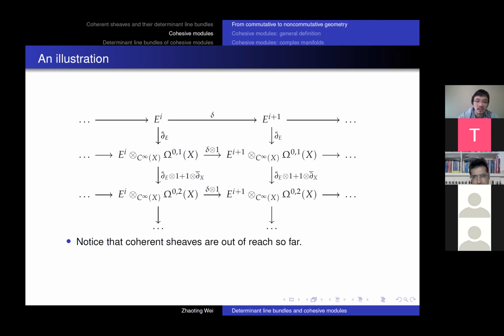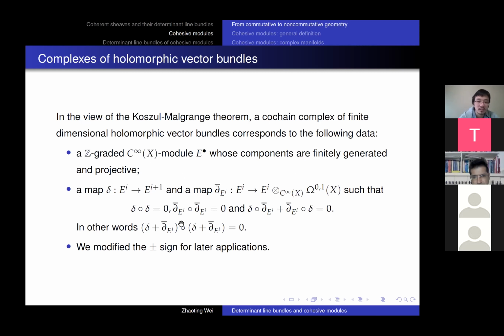So altogether, it gives one equation, delta plus D-bar composed with delta plus D-bar equals 0. Notice that we put a plus minus sign on each D-bar to make it sum to 0, instead of the difference equalling 0.